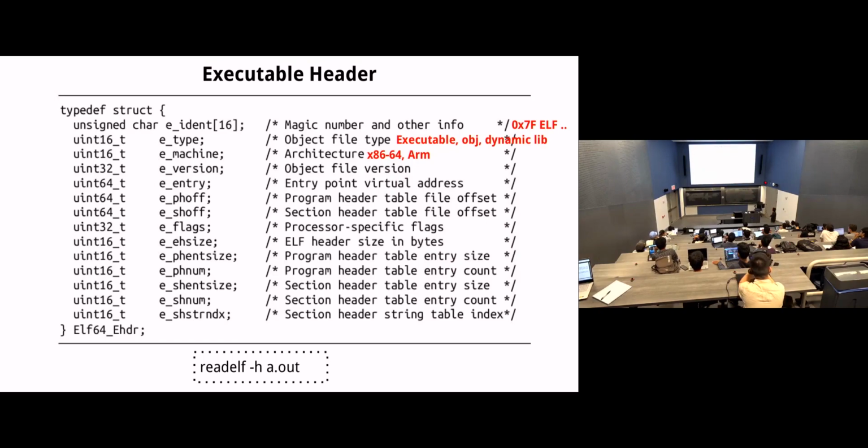Then it also has a type field to tell you whether this is a statically linked executable, a library, or some kernel module. And it also has a machine field to tell you this ELF file runs on x86-64, or ARM, those kinds of things. There's a tool called readelf to help you decipher this.